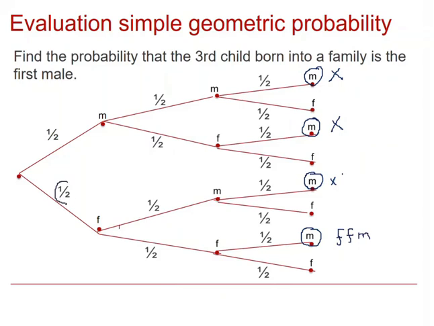And if we look at the probabilities, the probability of that event is going to be a half multiplied by a half multiplied by a half, or 1/8, which is exactly what we obtained using the geometric model.